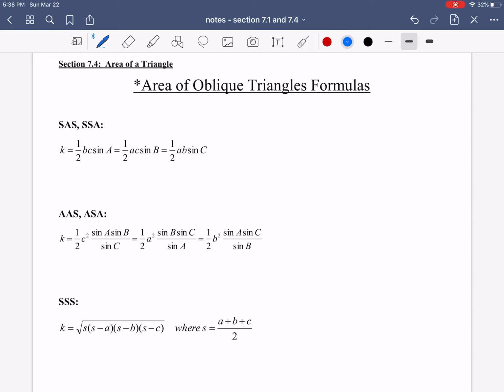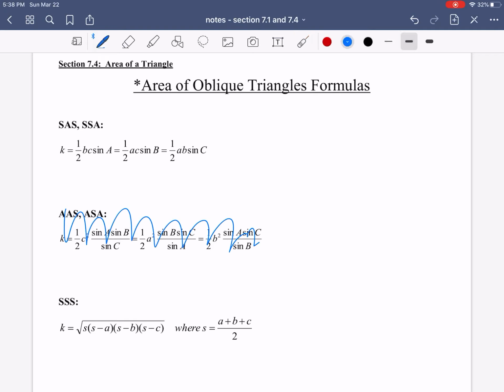You can actually, on your notes, cross out this middle part. We're actually not going to use any of those formulas. We're going to use a set of formulas for whenever we're given two sides and an angle, and then a formula for whenever we're given all three sides. For this first set of formulas, there's really three different versions, but that's because you could be given three different angles.